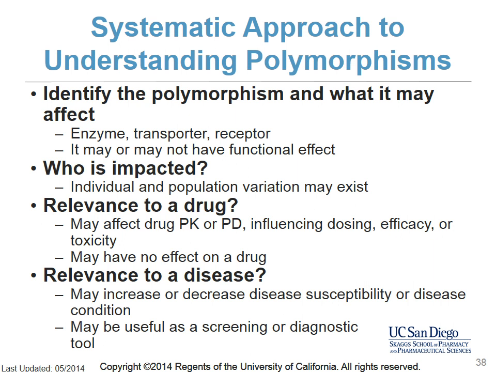Genetic variation may exist at both individual and population levels. Third, we should consider whether the polymorphism is relevant to drug therapy. It may affect the pharmacokinetics or pharmacodynamics of a medication. These in turn may impact the dosing, efficacy, or toxicity of the drug, or have no effect at all. Finally, we must consider whether the polymorphism is related to a specific disease condition. It may increase or decrease susceptibility or be useful as a screening or diagnostic tool.